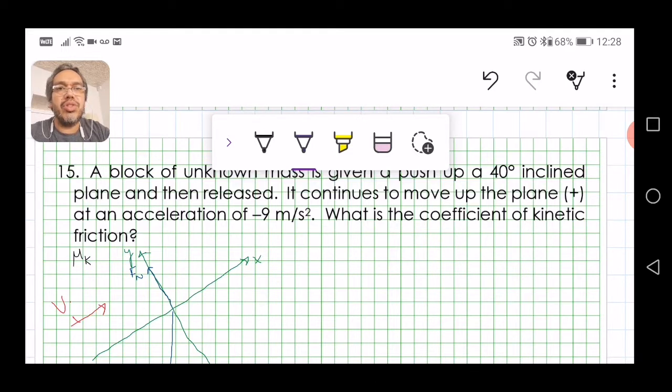When the push is removed, they tell you that it's still moving up the plane because it has an initial velocity, but its acceleration is in the negative direction. So your initial velocity and your acceleration are opposite. The obvious conclusion of that is that the object is decelerating, that it is slowing down.